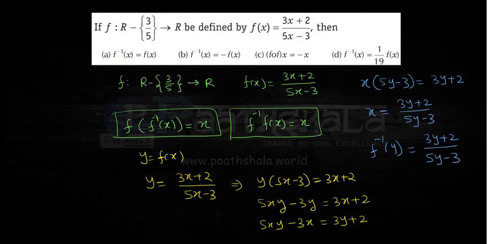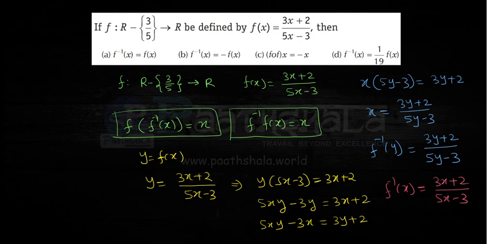Since we have f inverse of x is (3x + 2)/(5x - 3).